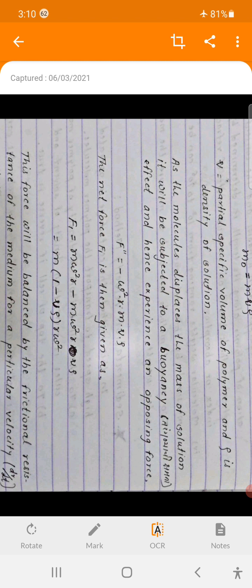That F double dash is equal to omega square R into m into mu into rho.